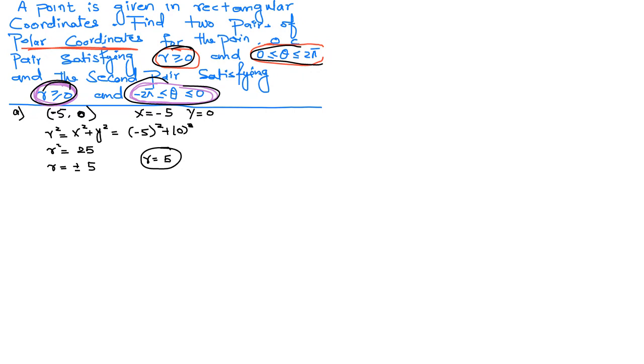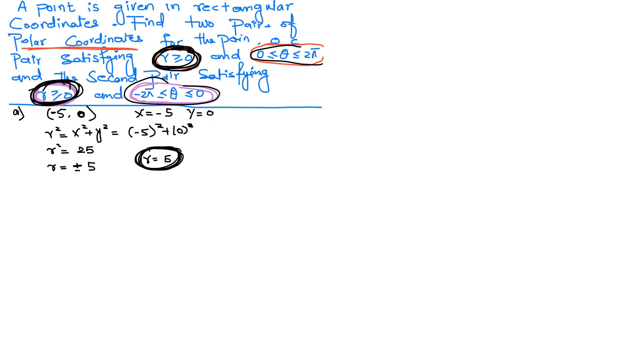Because for both the cases r is greater than or equal to 0, so we can't take minus 5. We have to take only r is equal to 5 for both the points. Now we need two different pairs, which means two different angles. R should be the same because for both the conditions the r condition is the same, but the condition of theta is changed.